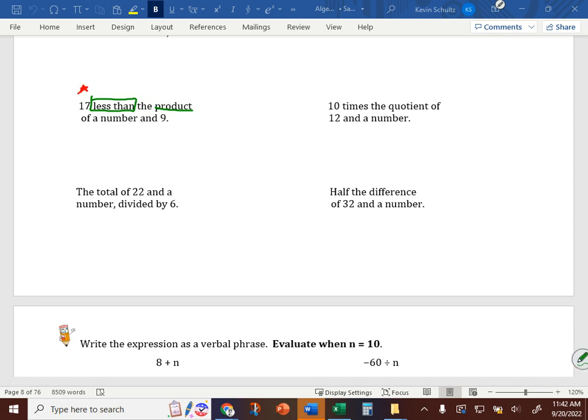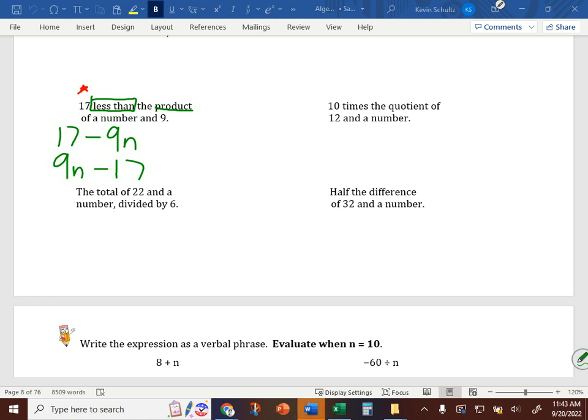because this is the one that is a little bit tricky. Are we taking 17 minus the product of a number and 9, which would be 9n? Or are we taking the product of a number and 9 minus 17? Which one of those says 17 less than the product of a number and 9?